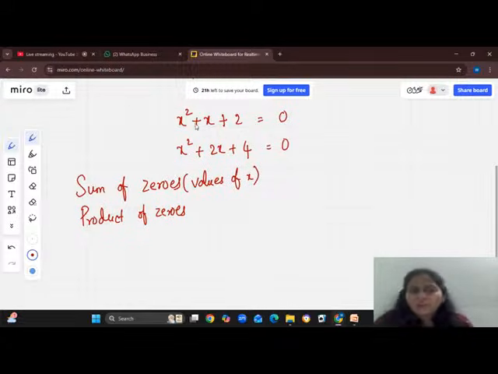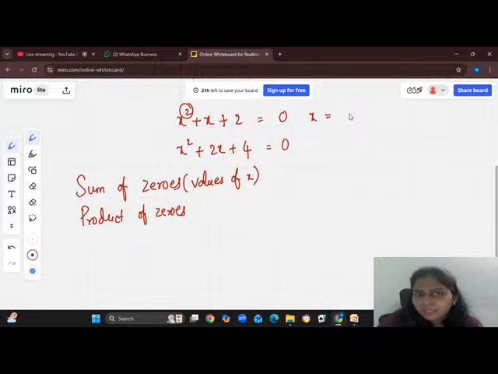Now I want the values from this polynomial. I have to find out what the x value is. Because the degree is 2, there will also be 2 values of x. Let me take the x values as a and b. These values are called zeros.